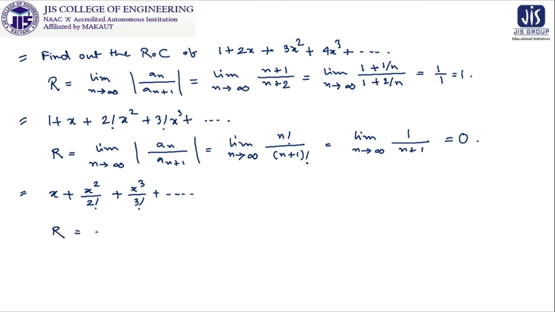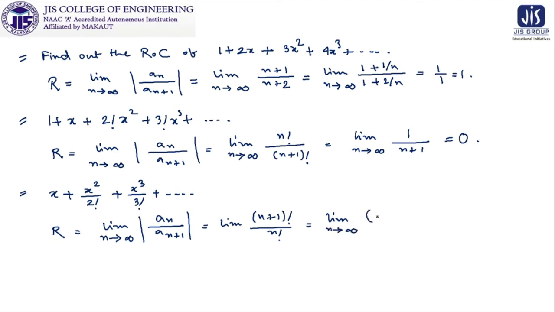For this particular problem, if I want to find out the radius of convergence, limit n tends to infinity, a n by a n plus 1, by putting the coefficients and the reciprocals, we get n plus 1 factorial by n factorial, which is nothing but limit n tends to infinity n plus 1, which tends to infinity.